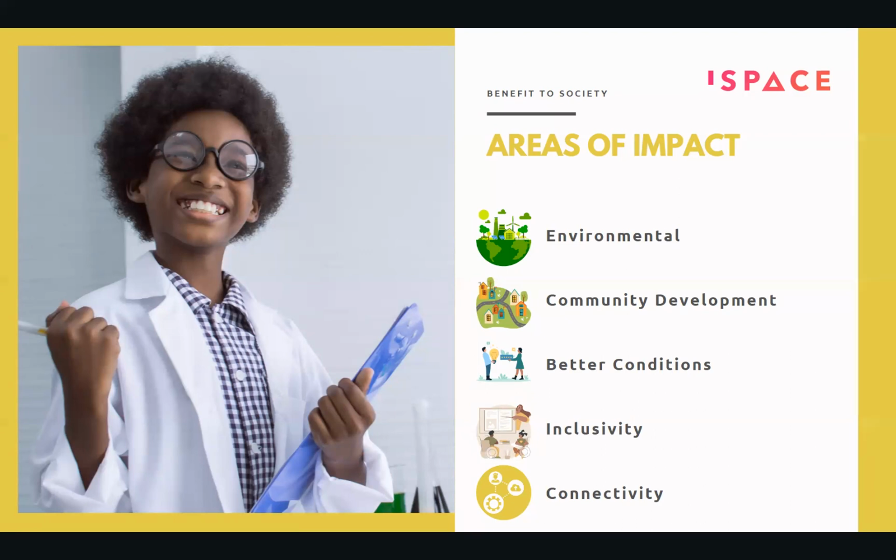When we're looking at better conditions, basically that rides on the things that are in the other areas as well, but it also includes reducing poverty and inequality, making sure that there's better health and well-being. This is really important for mothers and also children in certain communities, where the healthcare services that are available could be improved.